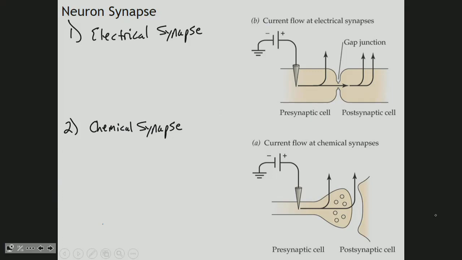So the difference here is for electrical synapses, direct conveyance of electrical current. And then in the case of the chemical synapse, you're producing a chemical to be released at the synapse, which is then interacting with the postsynaptic neuron and causing ion channels to open, and then that postsynaptic cell to be depolarized.